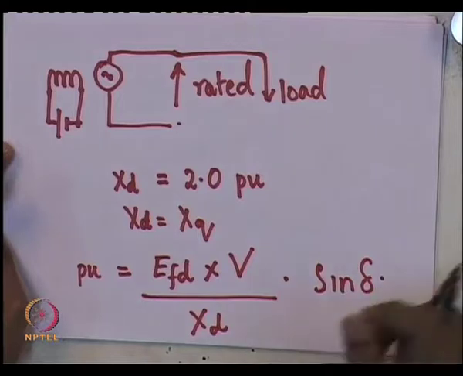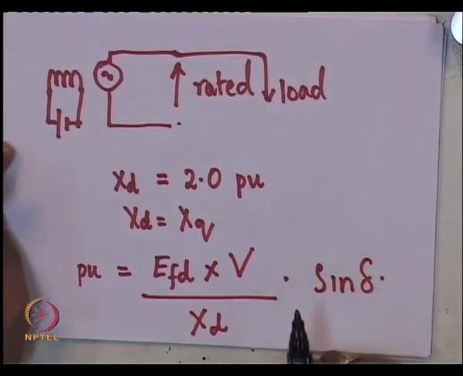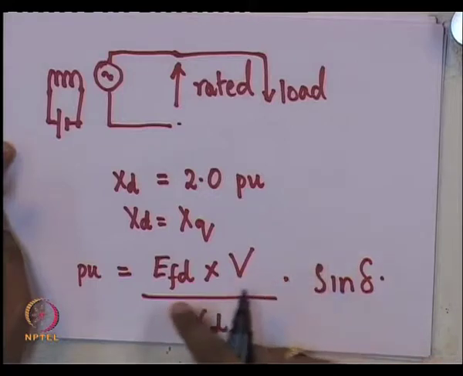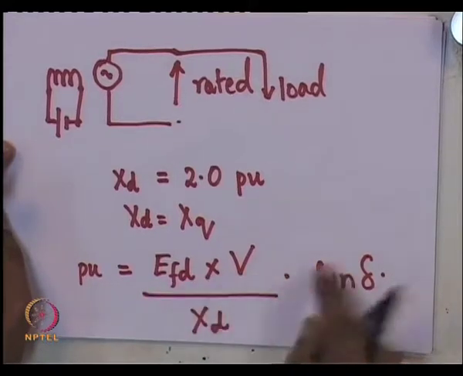So, if I connect a synchronous machine to a voltage source whose line to line RMS is V, then the per unit power is this.